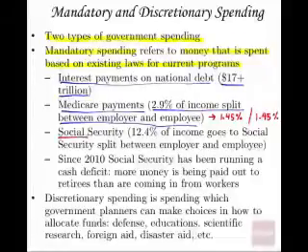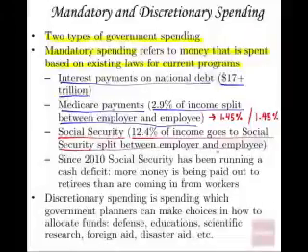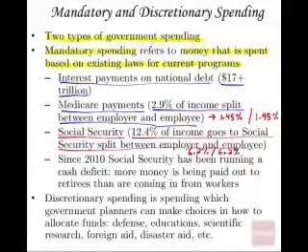Social Security, 12.4% of income goes to Social Security, which is again split between the employer and employee. So the employer pays 6.2%, and the employee pays 6.2% as well. Now, if you're self-employed, you would be responsible for paying both the employer and the employee share, and the same thing with Medicare.